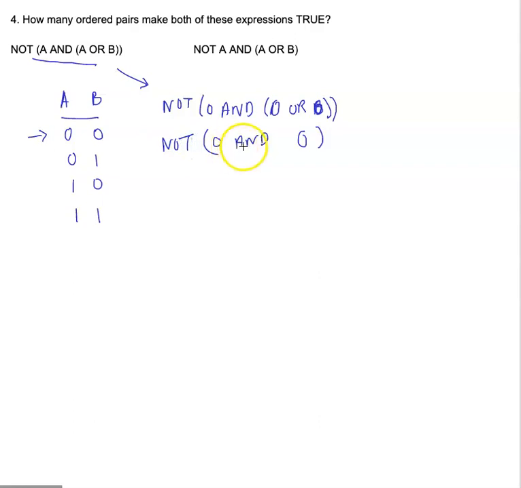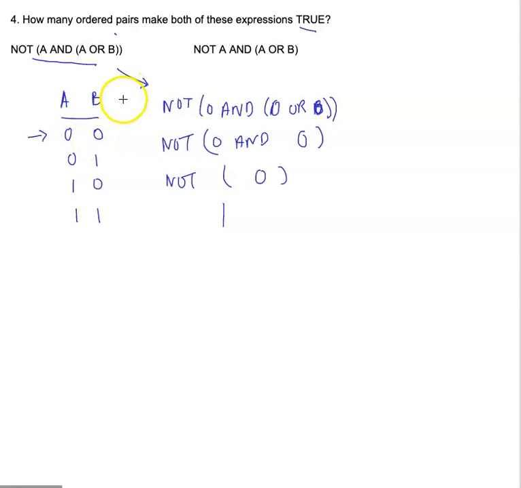A false ANDed with a false, or 0 times 0 simplifies to 0. I rewrite the not, and the not of a false is overall a true.